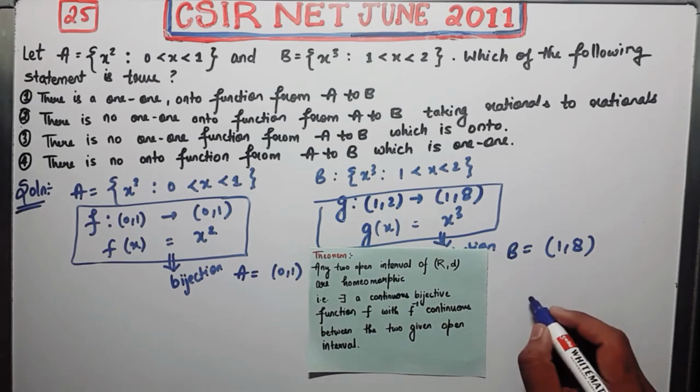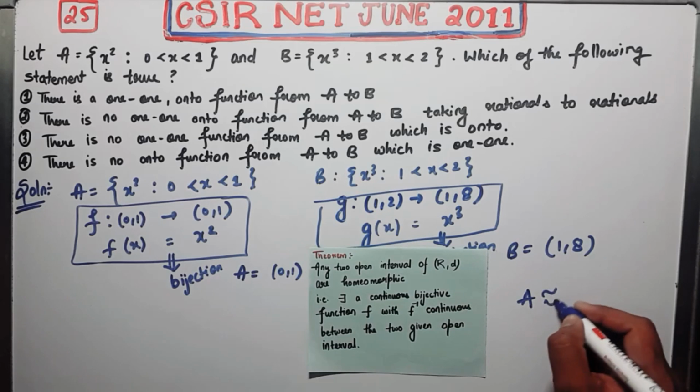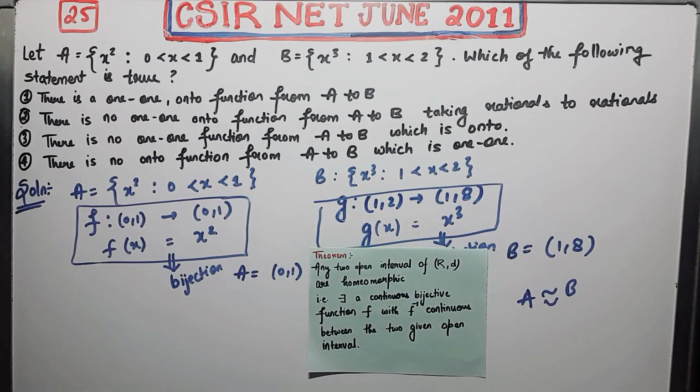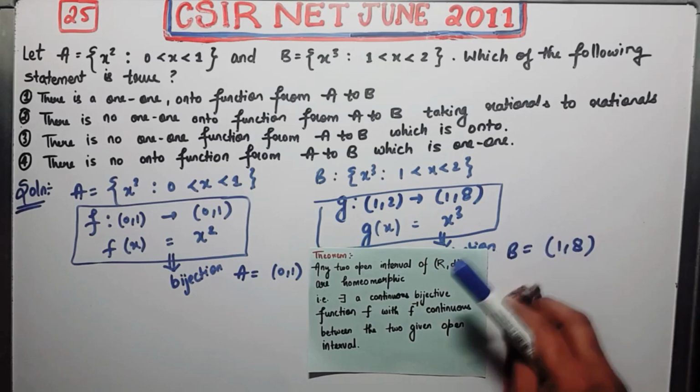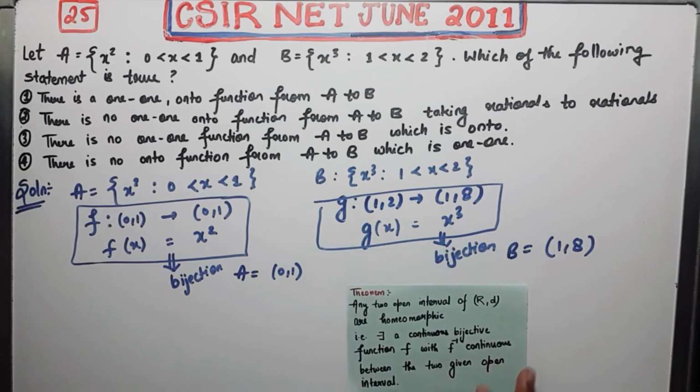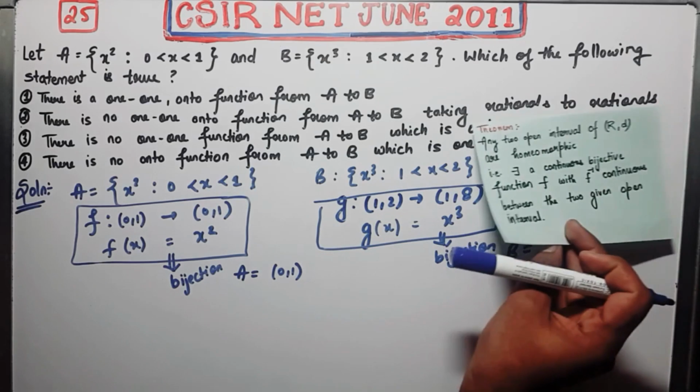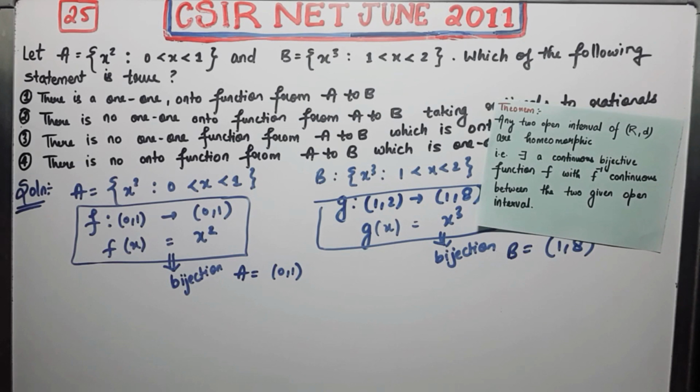So A is said to be homeomorphic to B if there exists a continuous bijection between these two sets with f inverse also continuous. This is the meaning of homeomorphic. So what your theorem suggests is that between any two intervals you can get this kind of homeomorphism. You're getting my point?